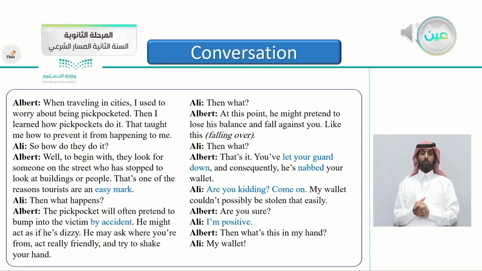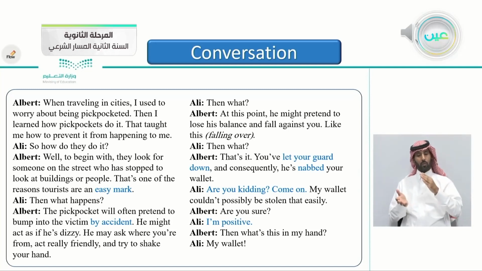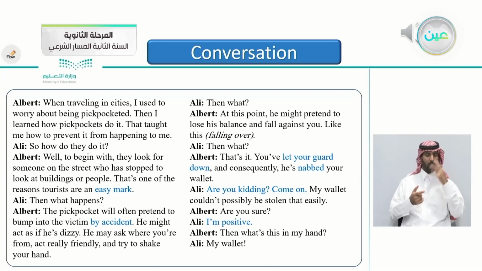Let's listen. Crime doesn't pay. When traveling in cities, I used to worry about being pickpocketed. Then I learned how pickpockets do it. That taught me how to prevent it from happening to me. So how do they do it? Well, to begin with, they look for someone on the street who has stopped to look at buildings or people. That's one of the reasons tourists are an easy mark. Then what happens? The pickpocket will often pretend to bump into the victim by accident.